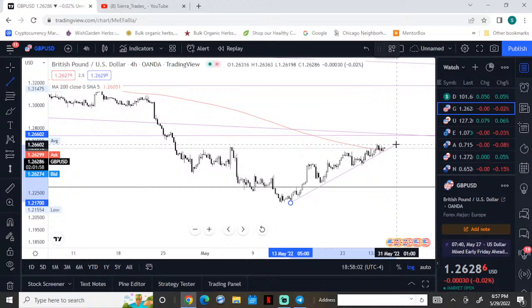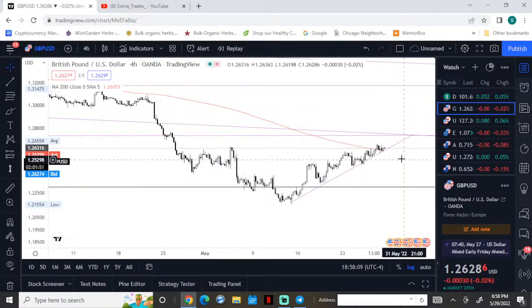See a nice trend line right here, which is looking like it's leading into a wedge pattern.